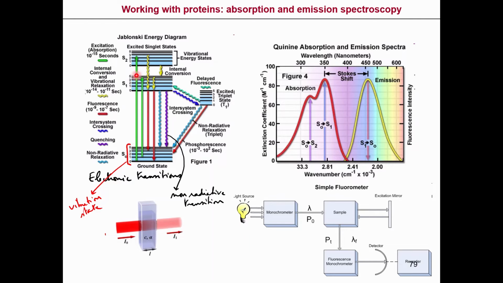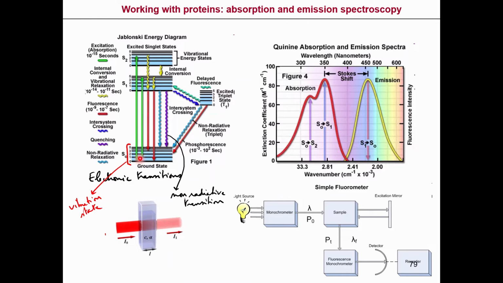You have to know that fluorescence occurs only from the ground vibrational state of the first excited electronic state, from here to here.